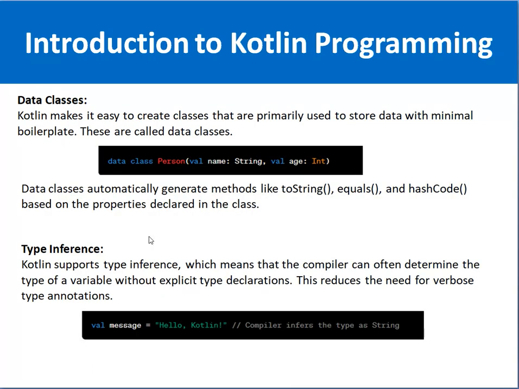Then data classes. Kotlin makes it easier to create classes that are primarily used to store data with minimal boilerplate. These are called data classes. Data classes automatically generate methods like toString, equals, hashCode based on the properties declared in the class. For example, data class Person(val name: String, val age: Int).